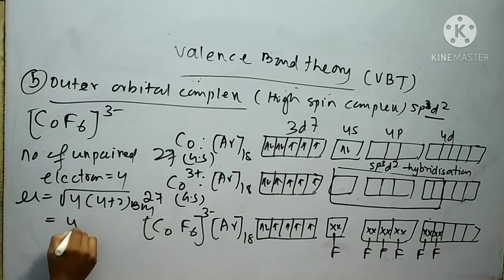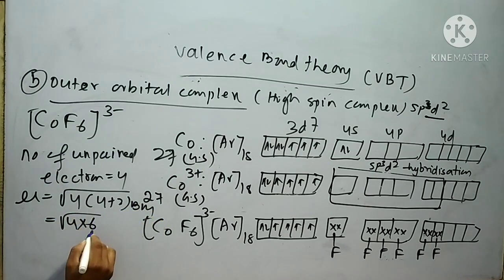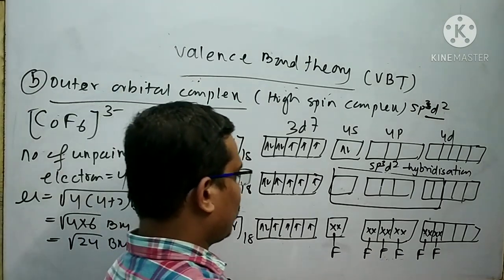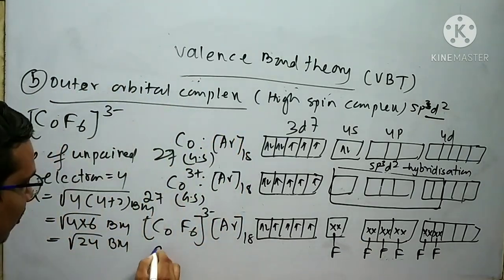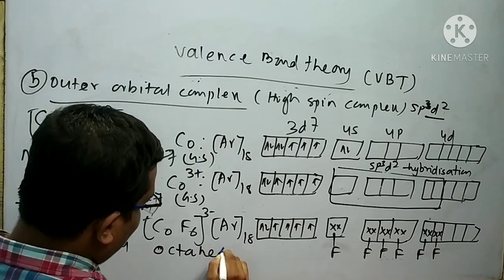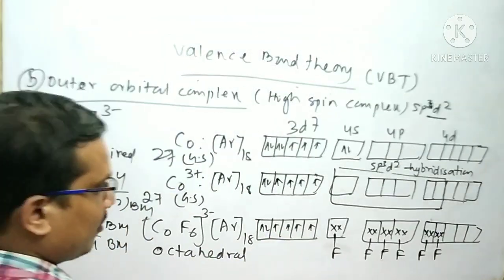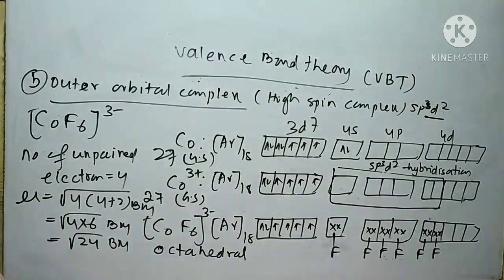So I can write 4 into 6, root over BM. That means I can write root over 24 BM. The structure of this complex is octahedral. There are 4 unpaired electrons present, so this complex is highly paramagnetic in nature.